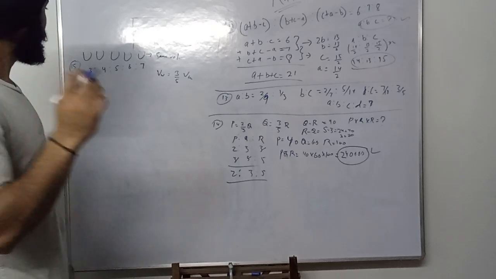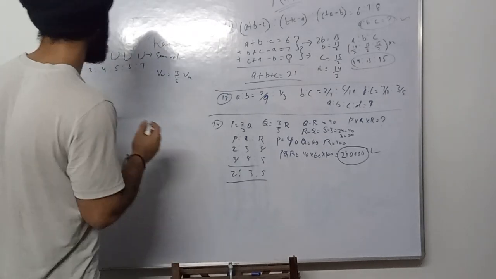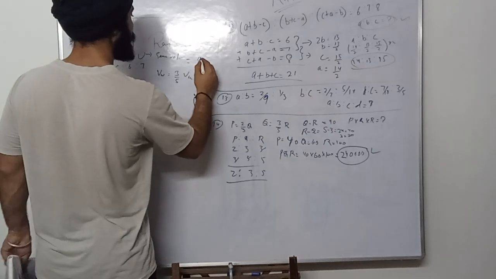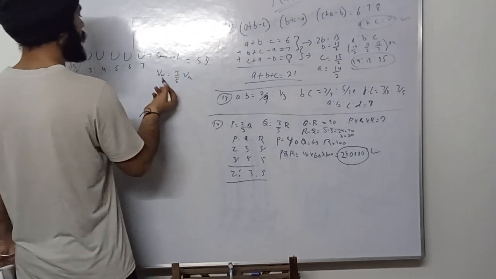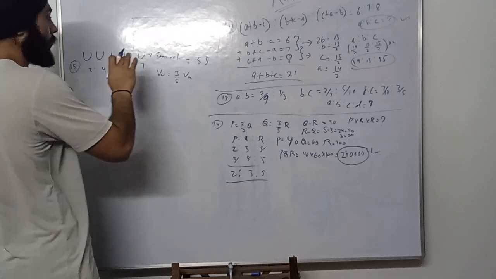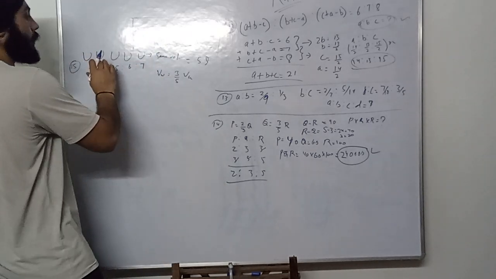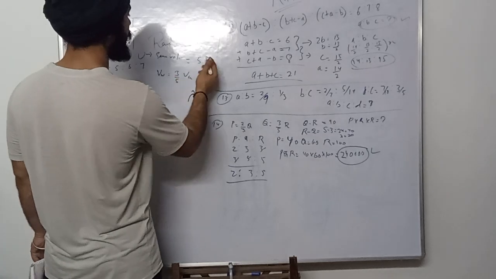For example, if 1 glass is 1 liter, the total volume is 5 liters, and the water in this ratio is not exactly filled, so it's not 5 liters. So the water content is equal to 3/5 of the total volume.